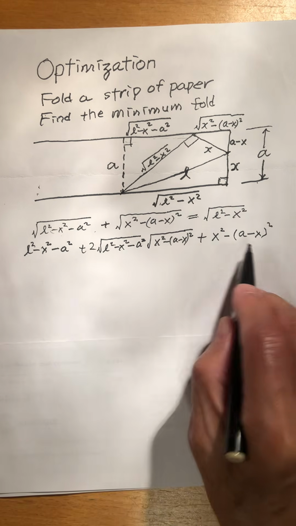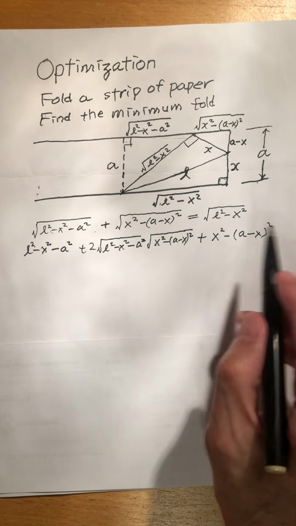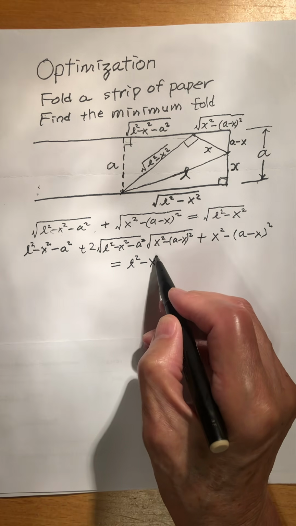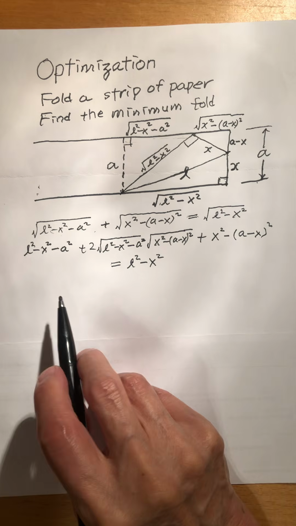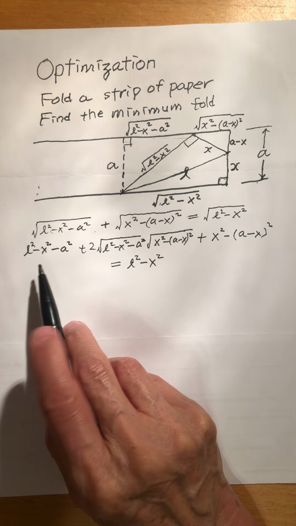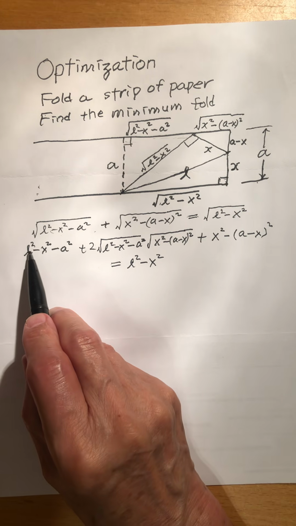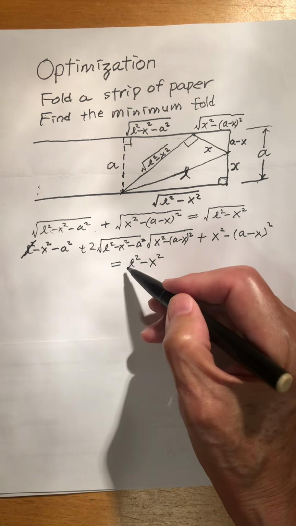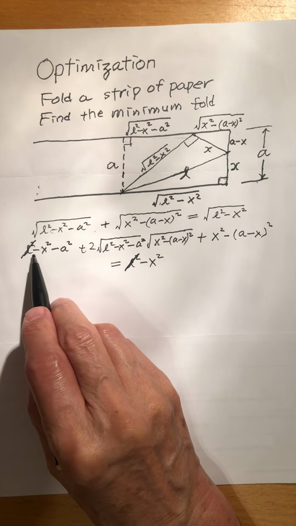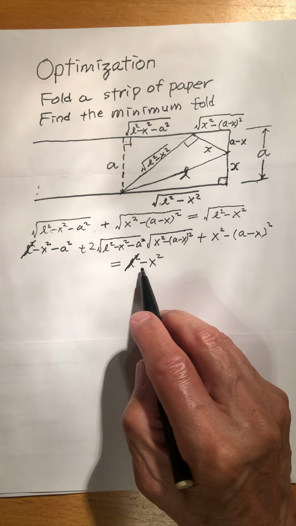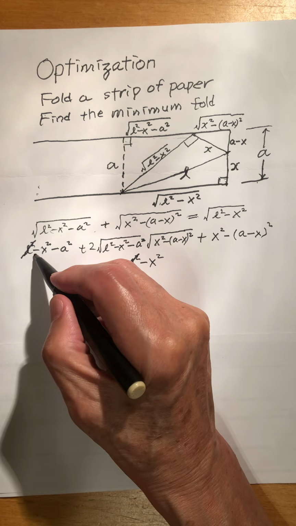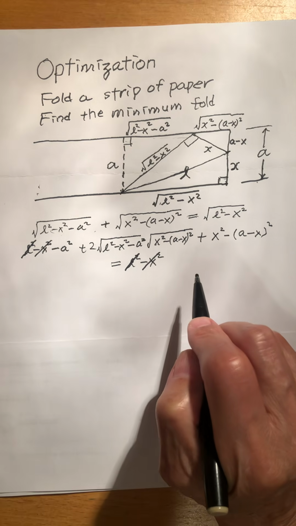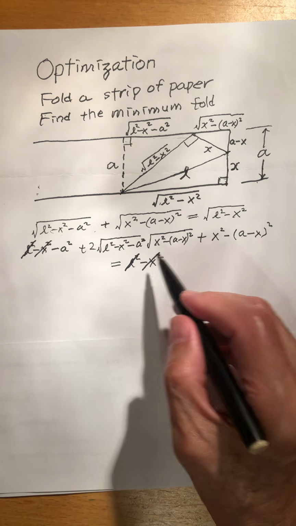A squared plus 2AB plus B squared equals the square of the right-hand side. From this, I can already see that on the left side I have L squared, and on the right side I have L squared, so L squared cancels L squared. I have a minus X squared here, and on the right-hand side I also have minus X squared. So minus X squared cancels minus X squared. So now my right-hand side is 0.